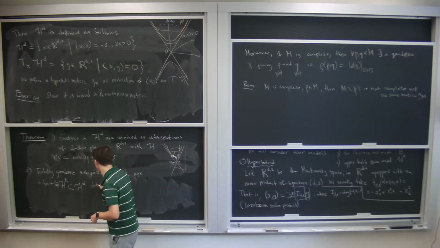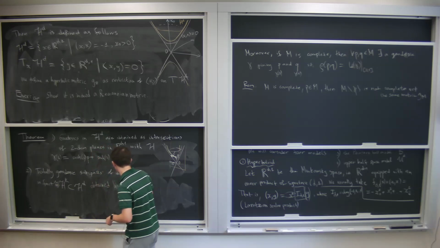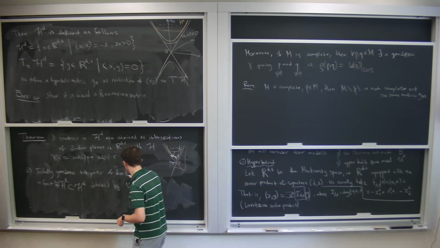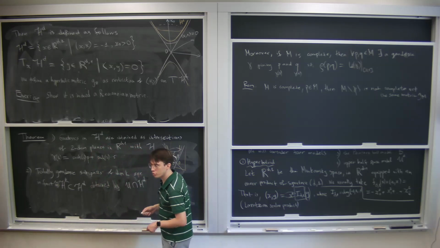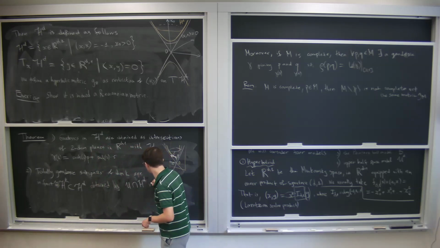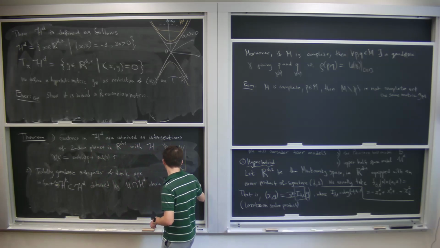Obtained as intersections of some plane U with H^D, where U is a K plus 1 dimensional plane. Dimension of U is K plus 1.